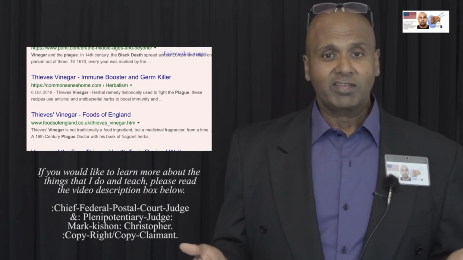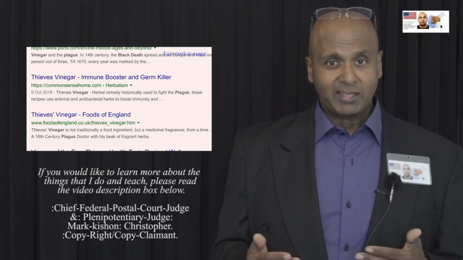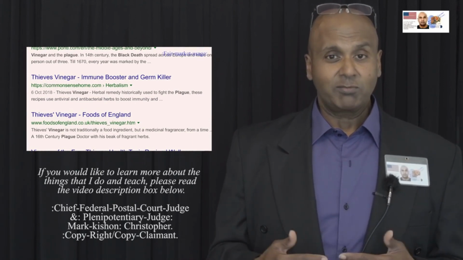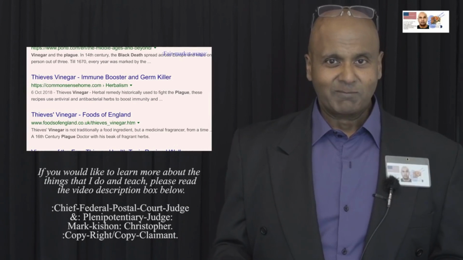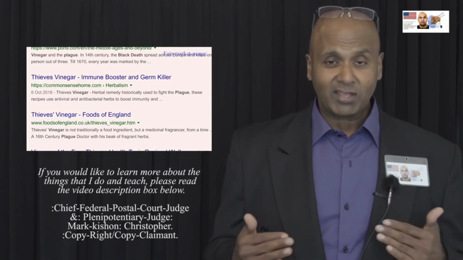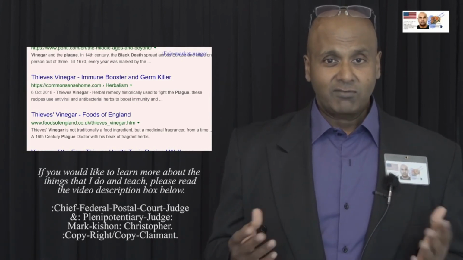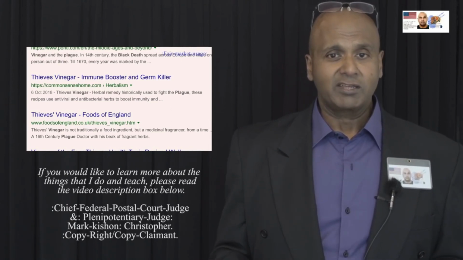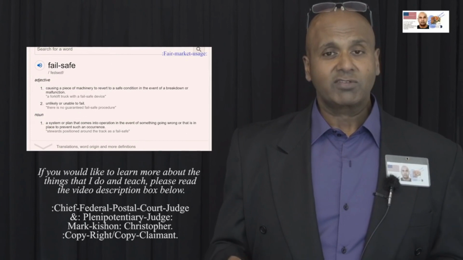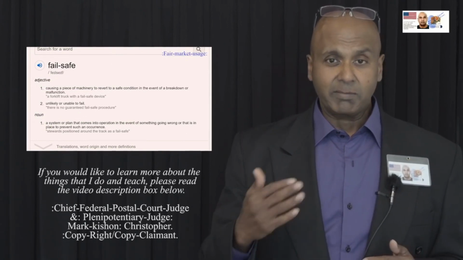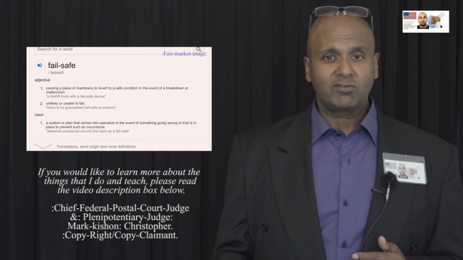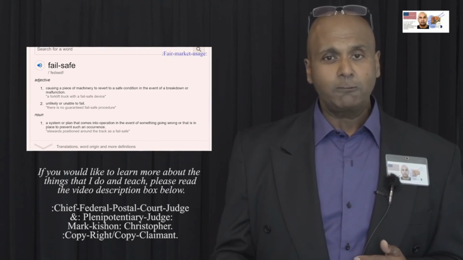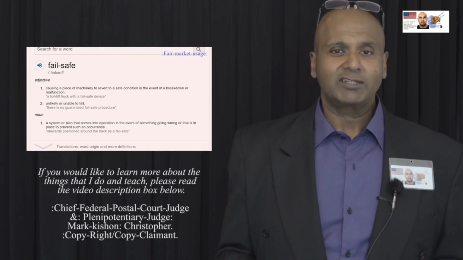Well, that technology was known by the gentry. It was known by the manor houses, and they used to use it for their servants as well as themselves. Vinegar, ladies and gentlemen, is all you require to switch off the bubonic plague. These are the fail-safes that are in place. Me knowing these codes, I'm able to crack them open as you would do with a walnut.